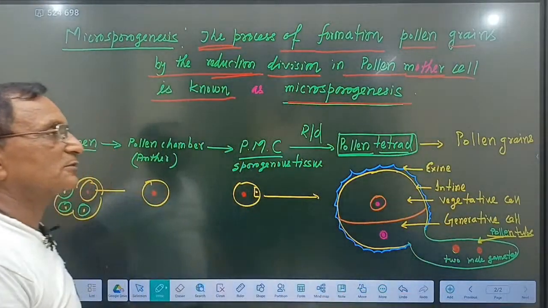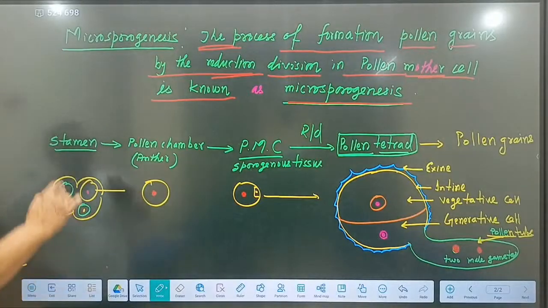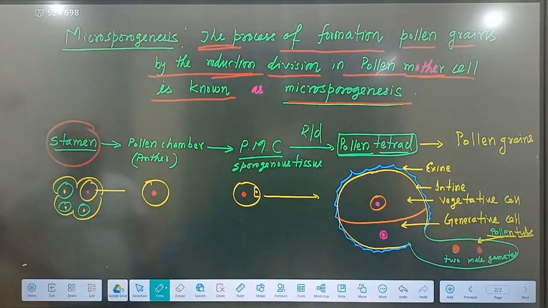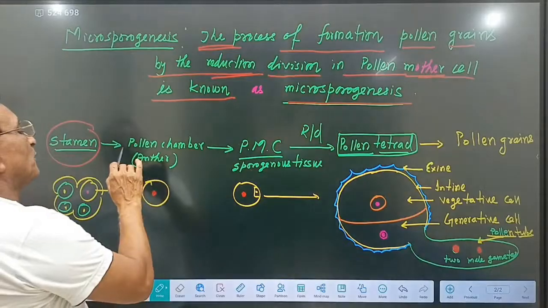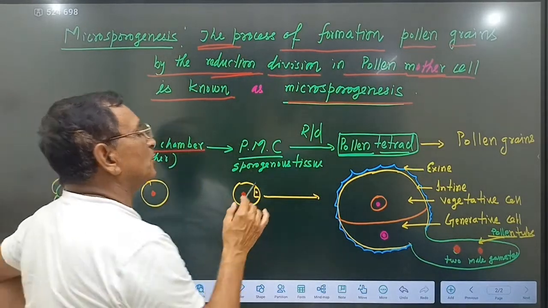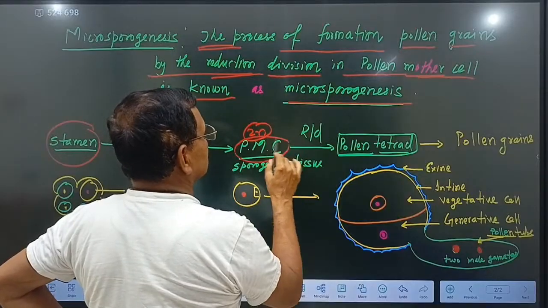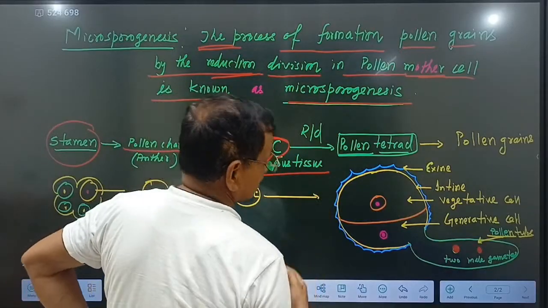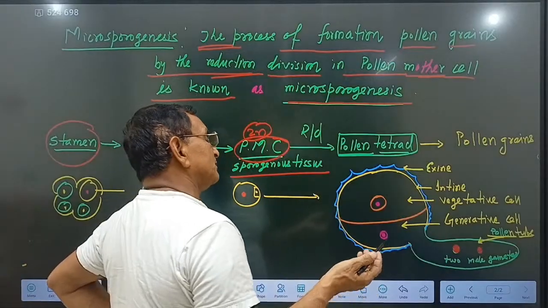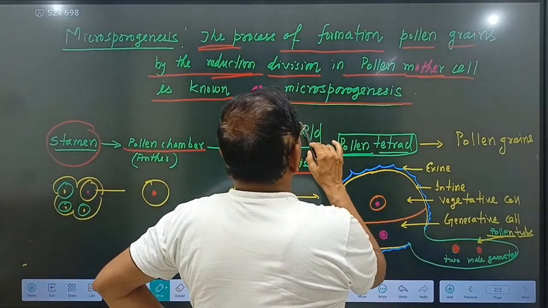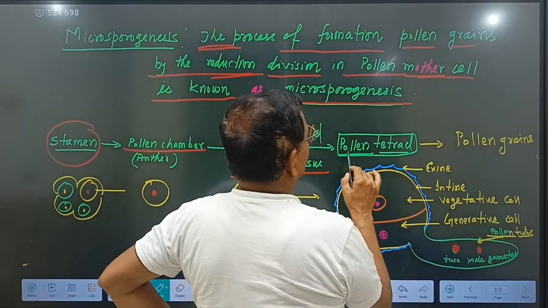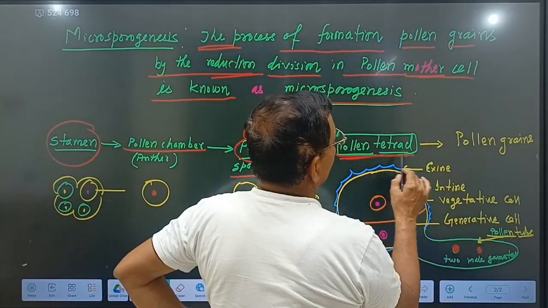What happens? Inside the stamen, as we have seen, the pollen chambers are there. In the pollen chamber, the diploid pollen mother cells, also known as sporogenous tissue, a spore-giving tissue, undergo reduction division to form the pollen tetrad.